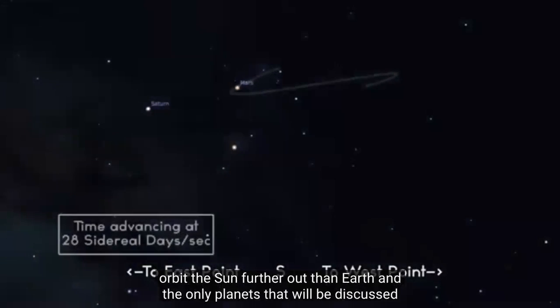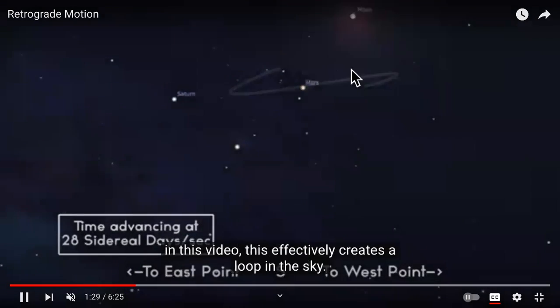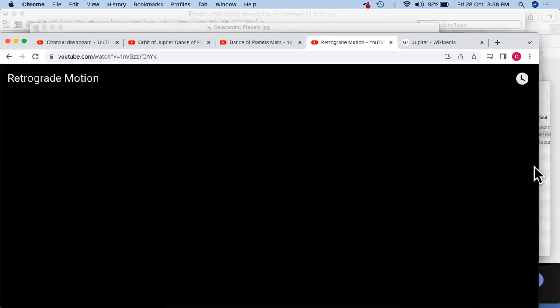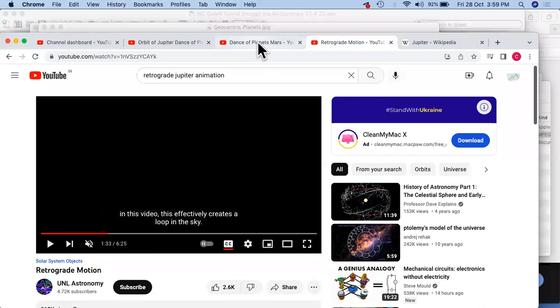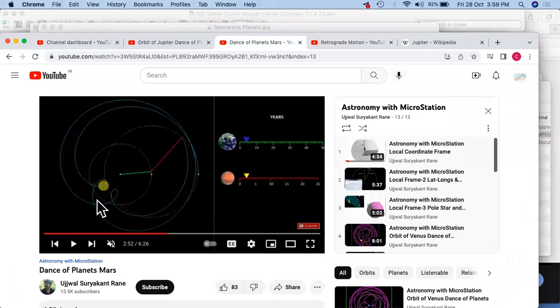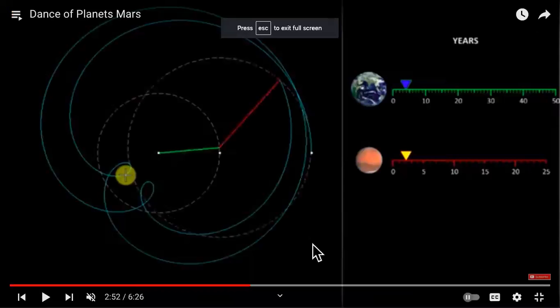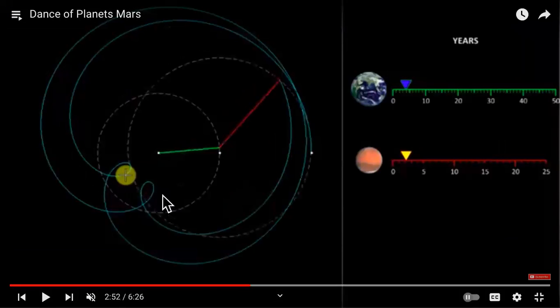We'll try to see this movement also. So this is how the movement is. These movements are typically different for each and every planet. So this is what is called a retrograde, right? When it is moving further and going back also. Let's try to see this cycle further. We again see various loops which have been formed.